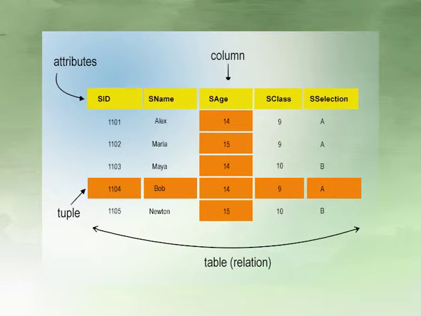Here we have created one table, and let us think the table name is student. We have provided student ID, student name, student age, student class and section. Here the values are provided. SID, SName, SAge, SClass, SSection, these labels are called the columns, or attributes, or fields.